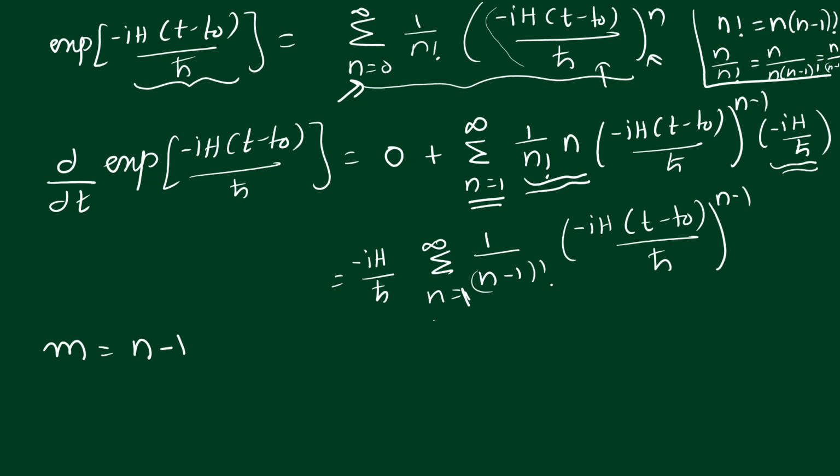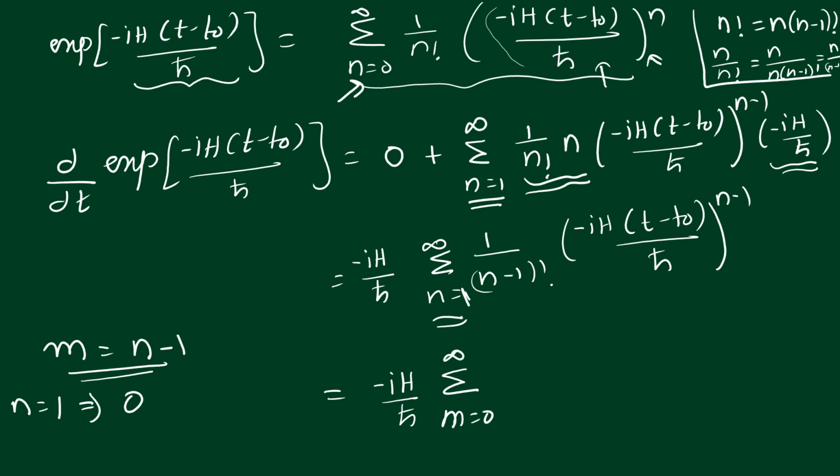When n equal to 1, m equals 0, because m is n minus 1. So using this index, we can write minus i H divided by h bar, sum over m equal to 0 to infinity. And what is n minus 1? It is simply m. So 1 by m factorial times (minus i H (t minus t0) divided by h bar) whole raised to m.